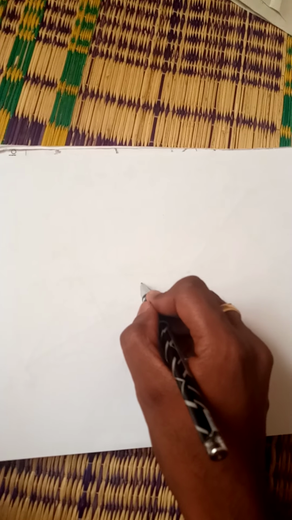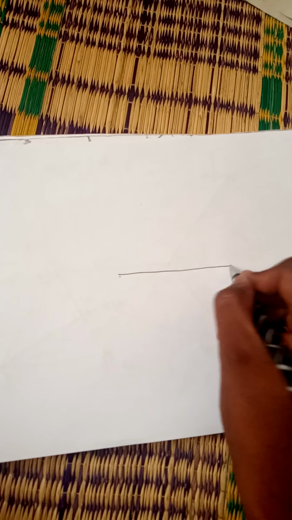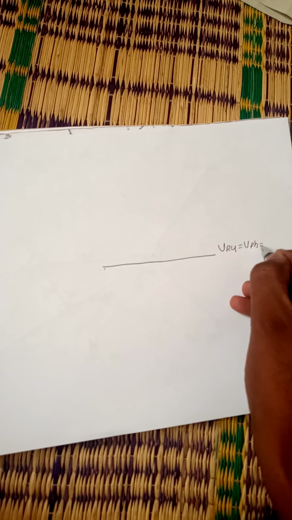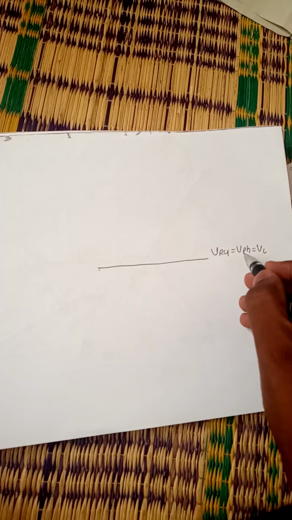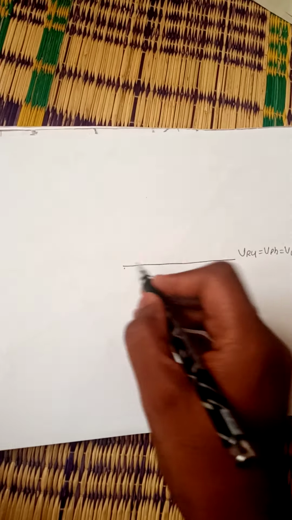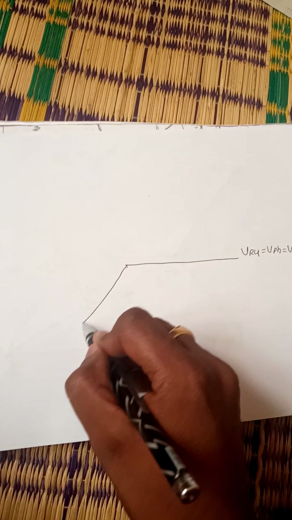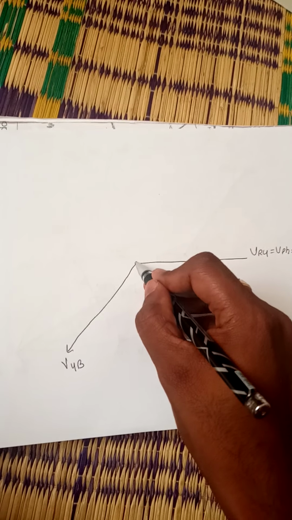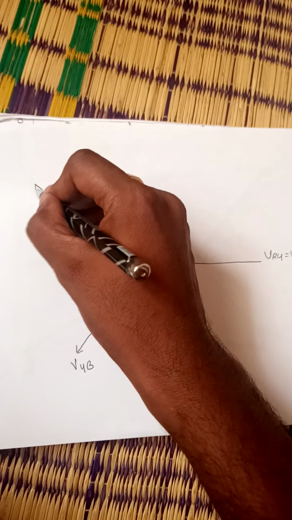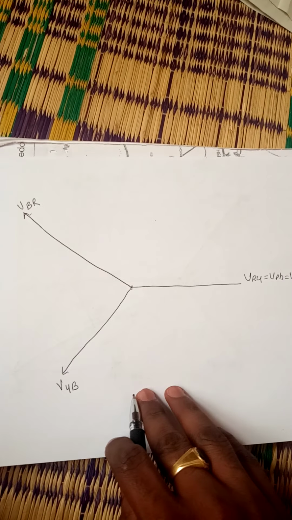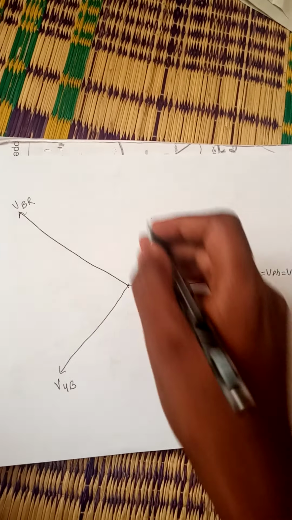Okay, first what you have to do, consider VRY, which is VPH, which is VL, because in the case of delta connected load, phase voltage is equal to line voltage. This is 120 degrees apart. This one is your VYB, and again here you have VBR. Right? These are the three phase and line voltages.